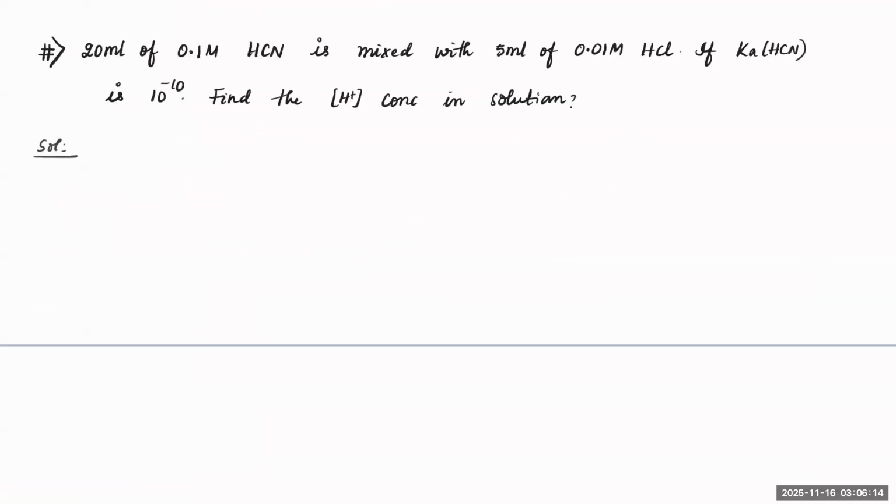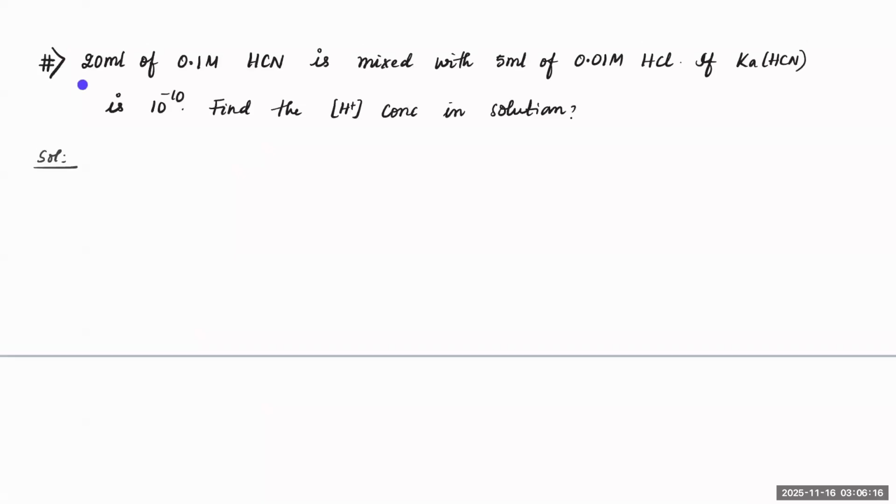Let's see this question. 20 ml of 0.1 molar HCN is mixed with 50 ml of 0.01 HCl. If Ka value is given, find the H plus ion concentration.